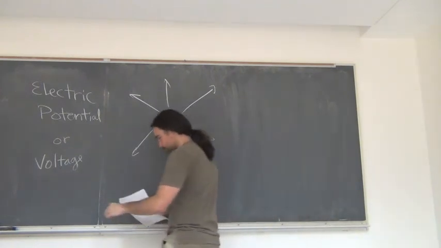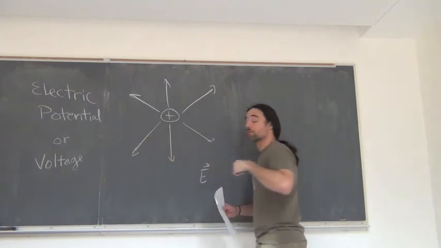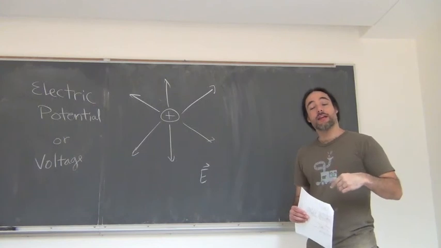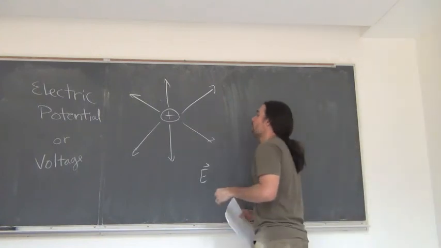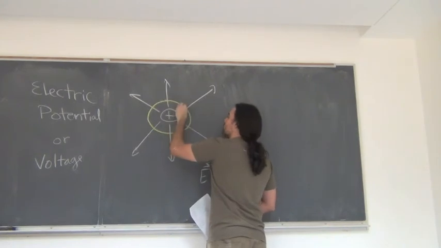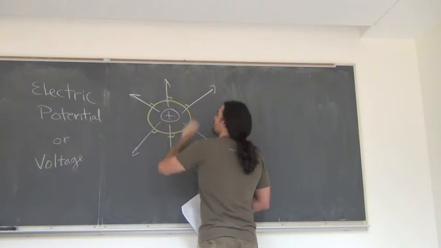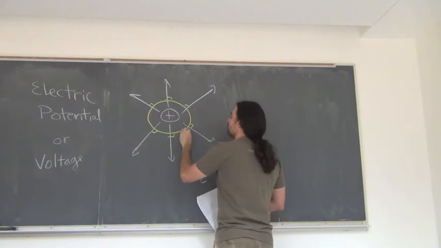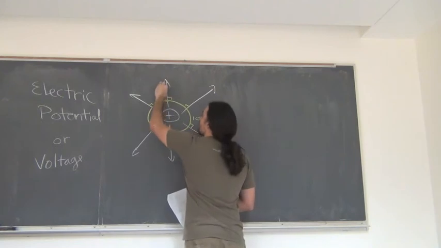To do that, we can recall the rules for equipotential lines, one of which said that the equipotential lines had to be perpendicular to the electric field lines. So I can draw a series of equipotential lines just by making them perpendicular to the electric field lines. Let's suppose that I told you that this was the 100 volt line.